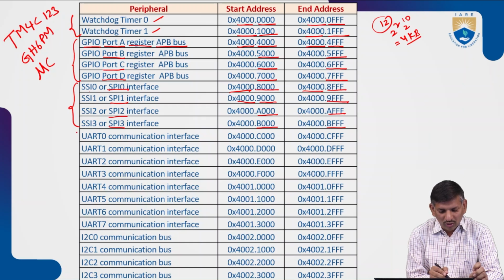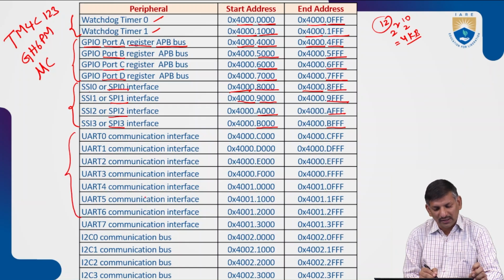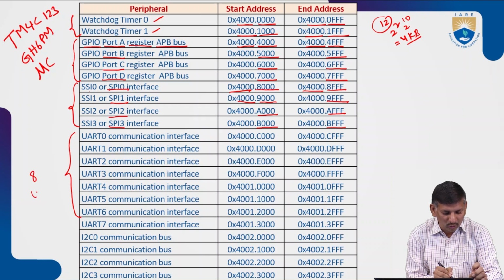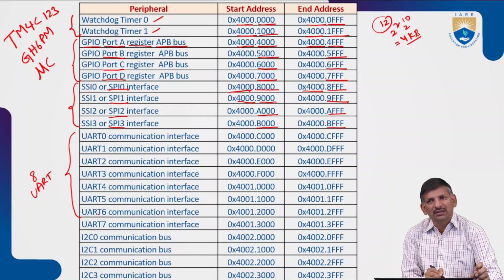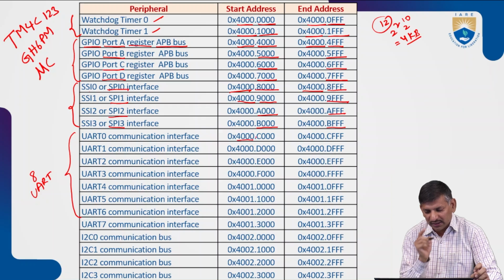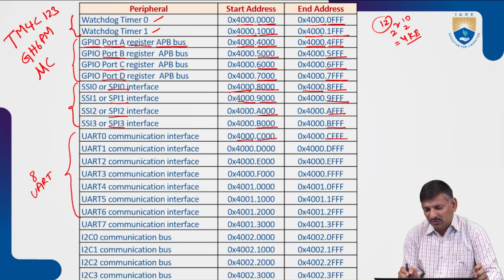Coming to the universal asynchronous receiver and transmitter, it contains 8 UARTs. The address of memory locations assigned for these UARTs is in the 4000 series. UART 0, C000 to CFFF in the 4000 series.